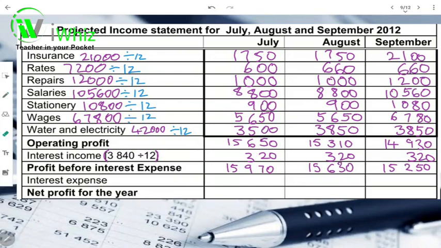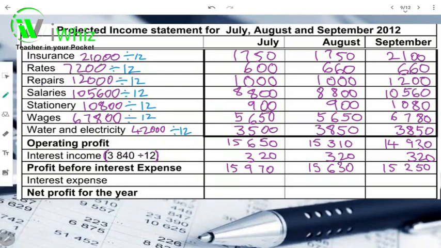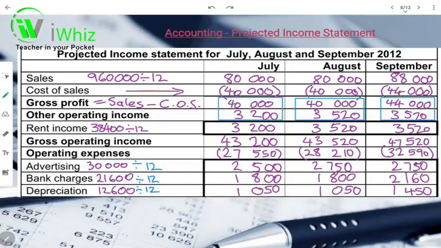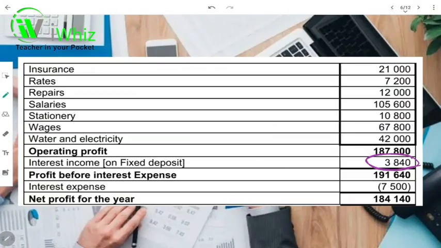So the last two calculations that we need to do is for your interest expense and your net profit for the year. Now, the reason why I've left your interest expense for last is because we had some changes to our loan amount. Now, let's firstly look at your interest expense for the year. It was for the value of 7,500. Can you see that, was it? So you had interest expense to the value of 7,500 Rand.